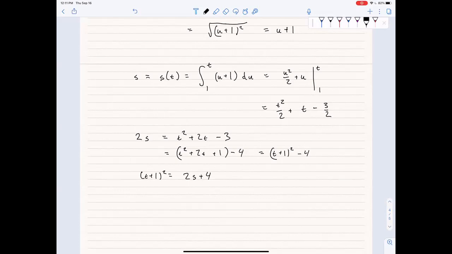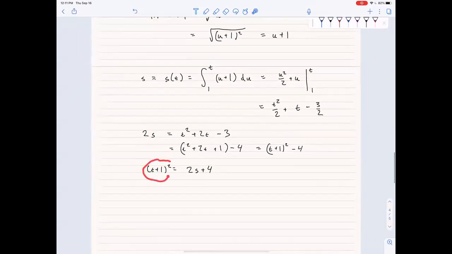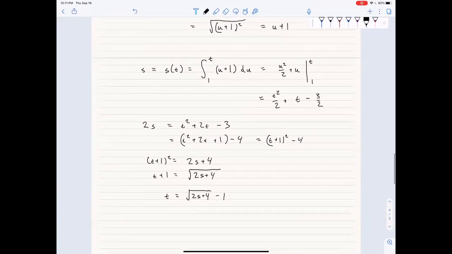And then I know this t lives between 1 and 2, so this guy is always going to be positive, so I can take the square root without an absolute value. And I will get t plus 1 is equal to the square root of 2s plus 4, or t is equal to the square root of 2s plus 4 minus 1. That's my inverse function. This is my t of s.